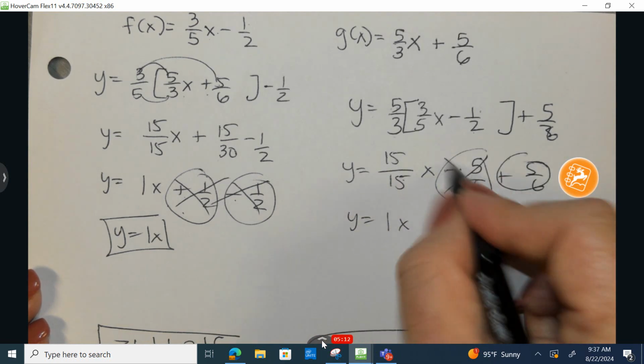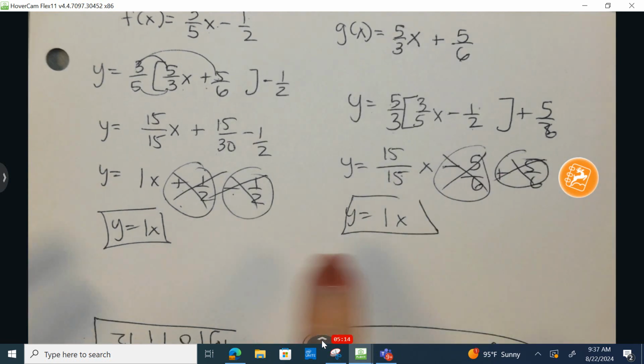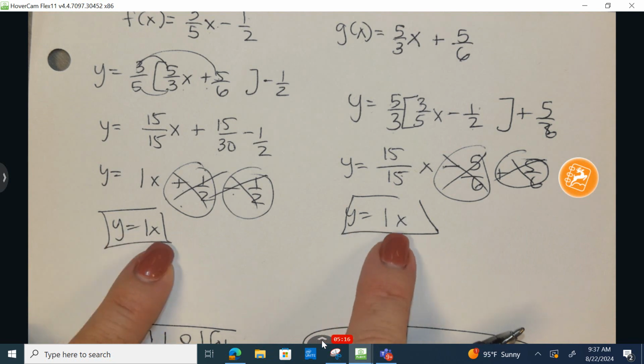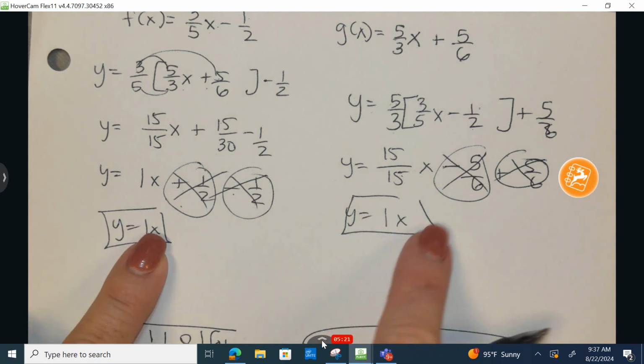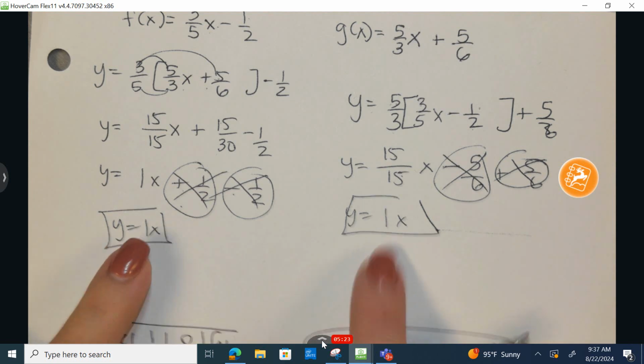These are additive inverses. I showed all my steps. And this is our goal, to prove that we get y equals 1x every time. Not y equals negative 1x, not y equals 1x plus 5, but exactly like this.